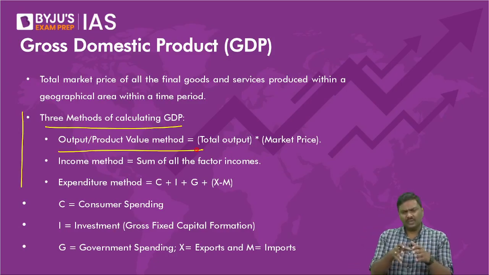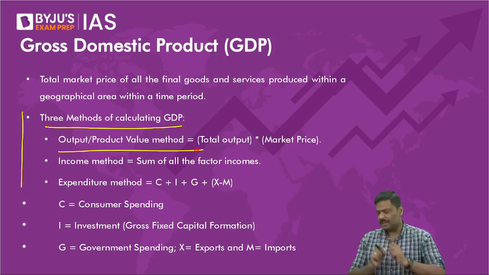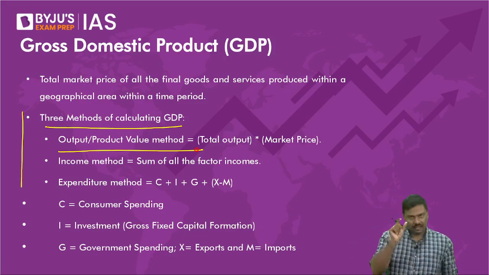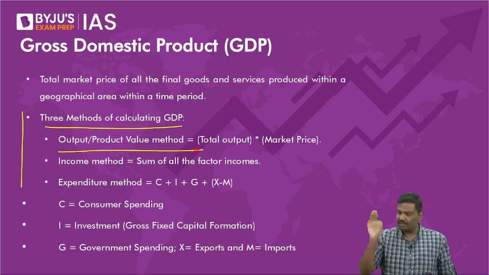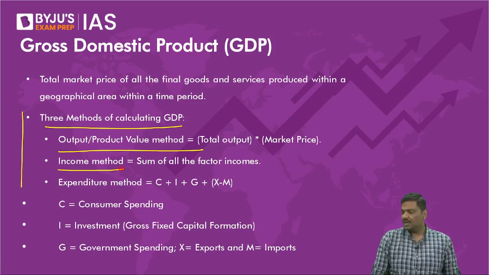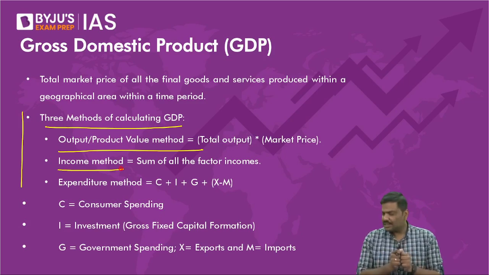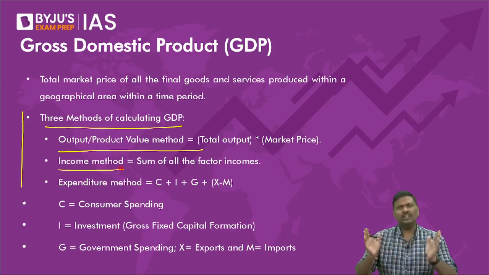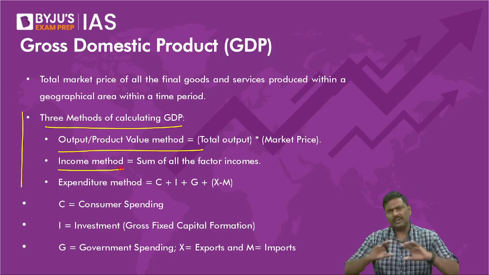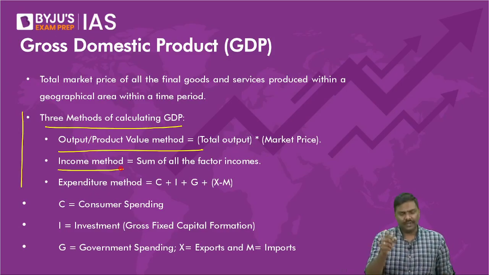Final goods and services into the market prices. Second one is the income method. What is this income method? Get the factor incomes of all the people in India, or everybody who has earned factor incomes in India. Get the sum total of it. That is GDP through the income method.